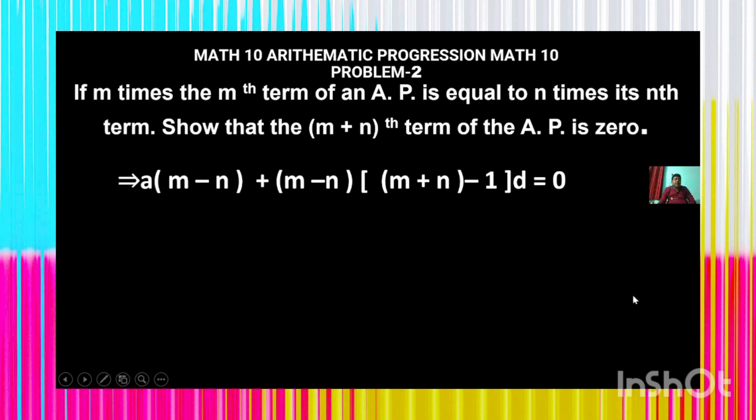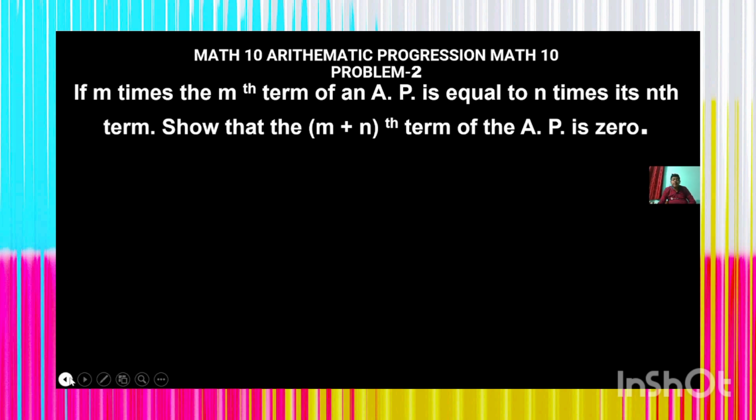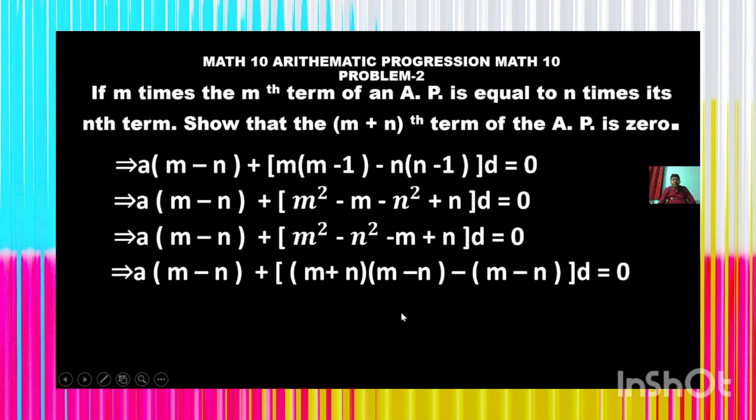Understand? Okay. So see here again, m minus n, m minus n is taken as common. Look at the previous statement. Here you see, here is m minus n, here is m minus n, we can take it as a common factor. After taking the common factor, it will be (m minus n) into (m plus n minus 1) into d.